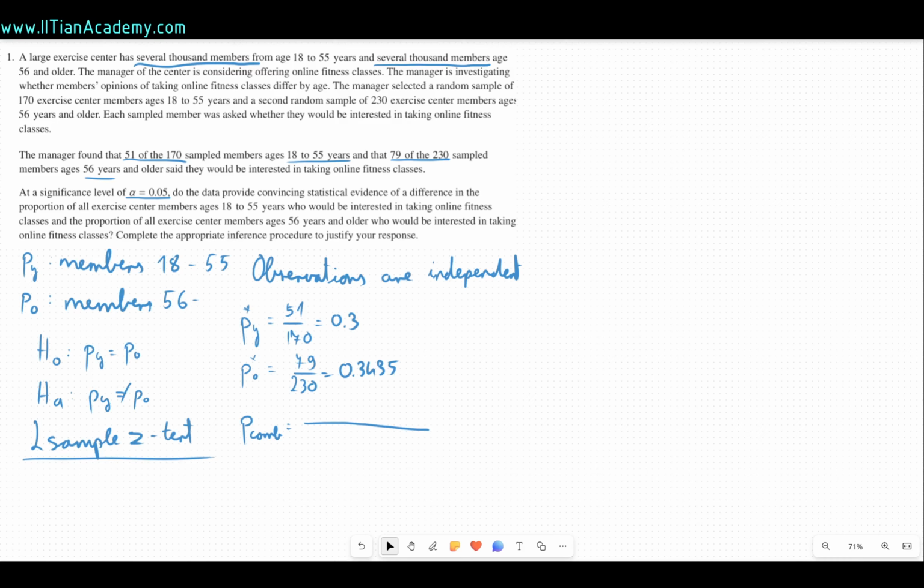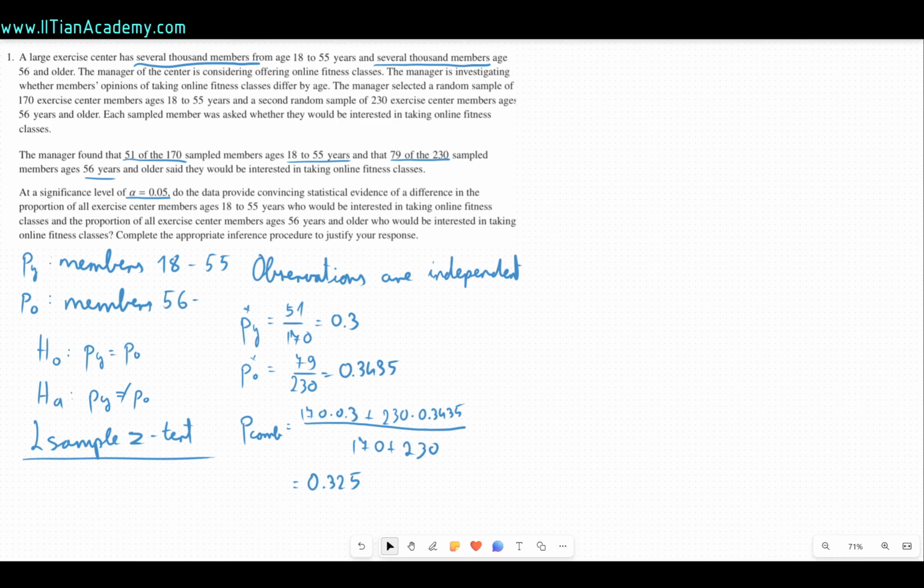So we do 170 times 0.3, that's essentially just 51, and then we add the other group, so 230 times 0.3435, which is going to be 79, and then we divide it by the total number of people asked, so 170 plus 230, which will give us 0.325.